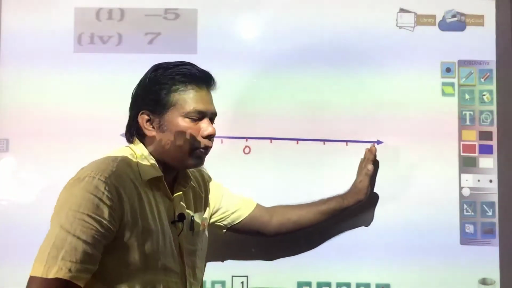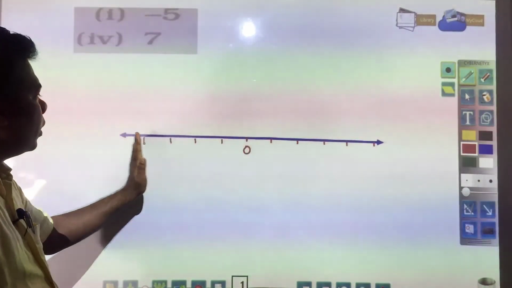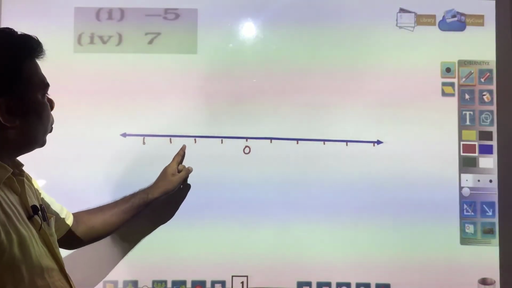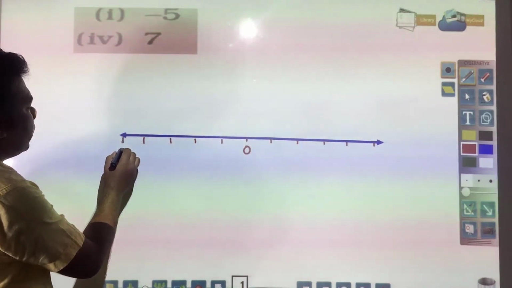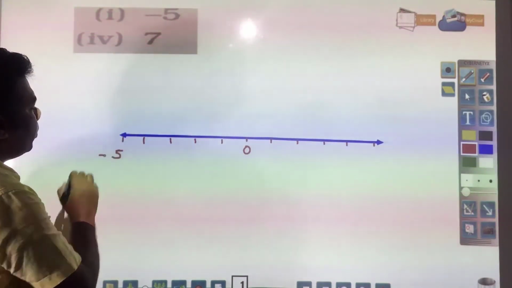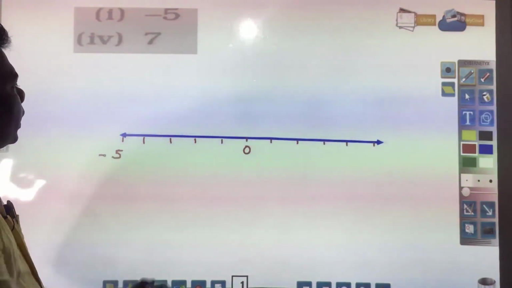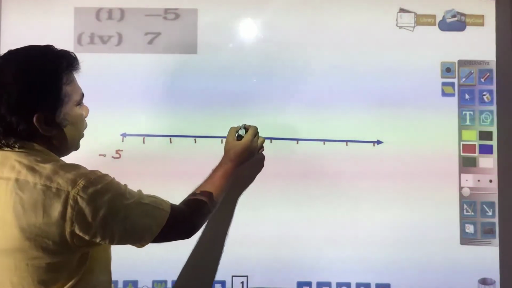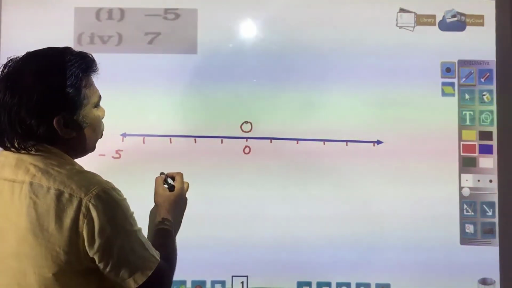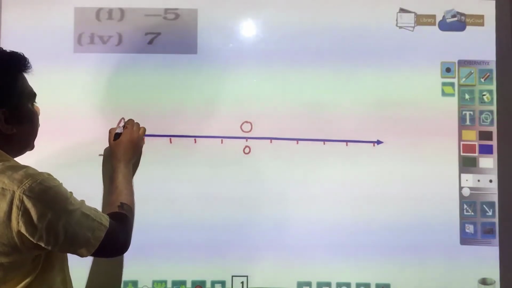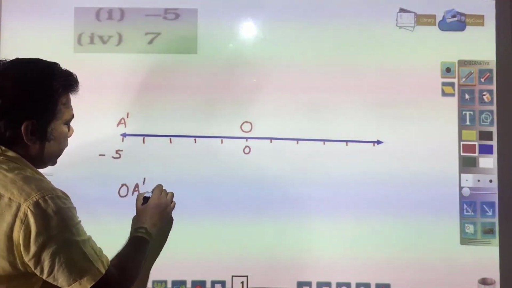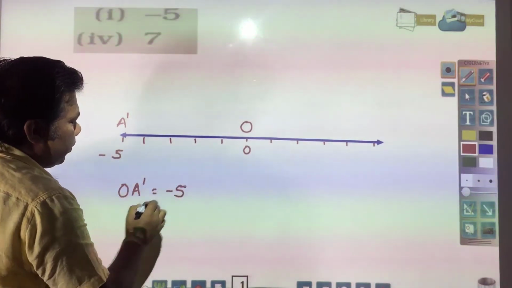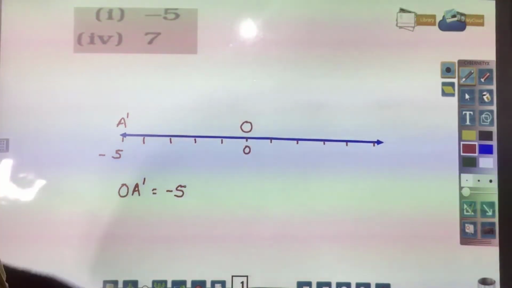Here you will have positive numbers, here negative numbers. So, 1, 2, 3, 4 and 5. Suppose this is 5, so this is -5. Any name can be given over here. Suppose this is O and this is A dash. So, you can write OA dash is equal to -5. Like this it is required to be shown.